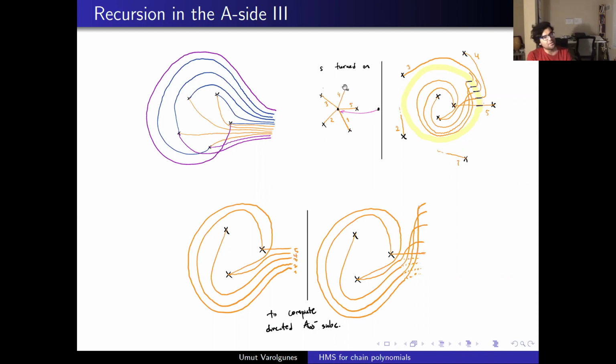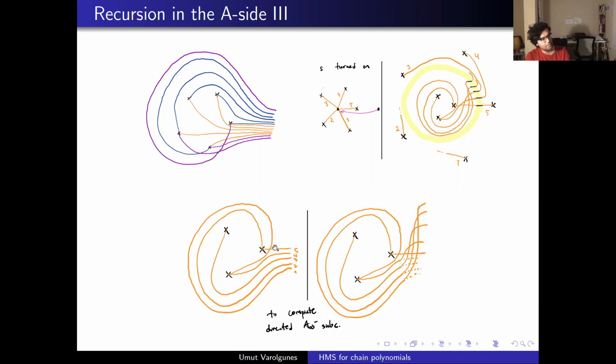Then I computed these vanishing cycles as matching paths. And then I realized that when I send this R to 0, all of these guys will disappear. And the picture that I get here is actually part of the helix. But it's moved. So this would be a part of the helix.